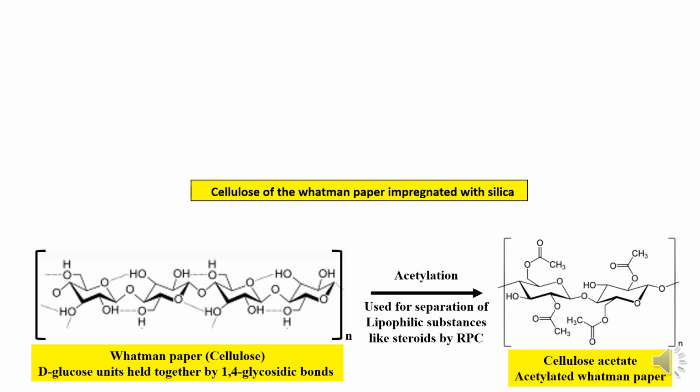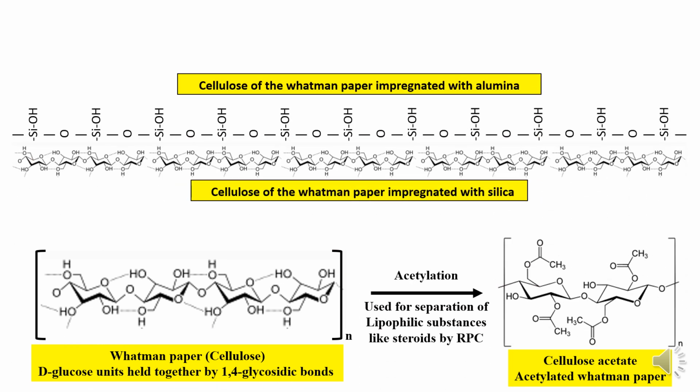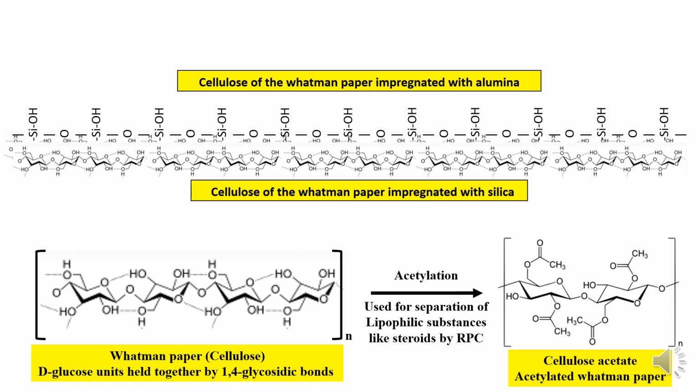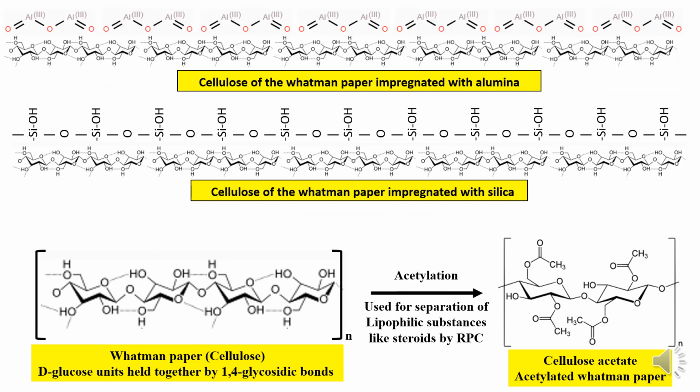Now the cellulose of Whatman paper can also be impregnated with a thin layer of silica. And in one more method, the cellulose of the Whatman paper can also be impregnated with a thin film of alumina.